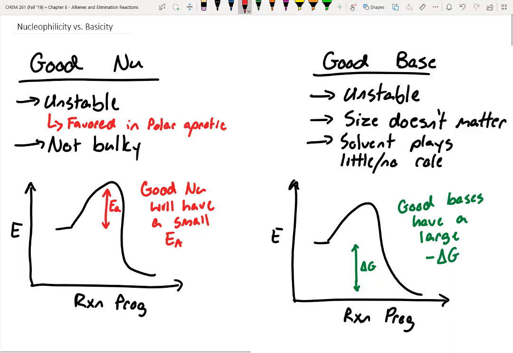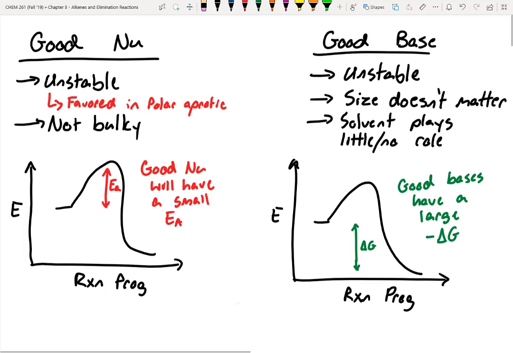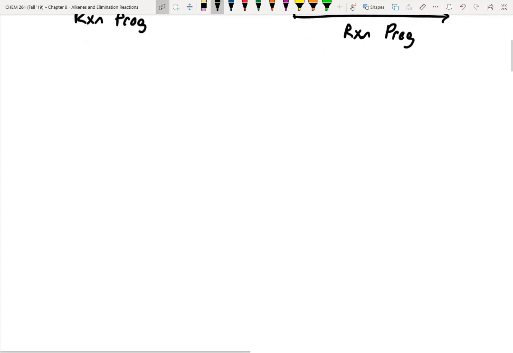What about the activation energy? Do we care about activation energy for acid-base chemistry? No, not at all. Acid-base chemistry, all we care about is delta G. We don't care about the activation energy. So while these are kind of related, they're very, very different in that regard. All right, so let's go on to the next part.